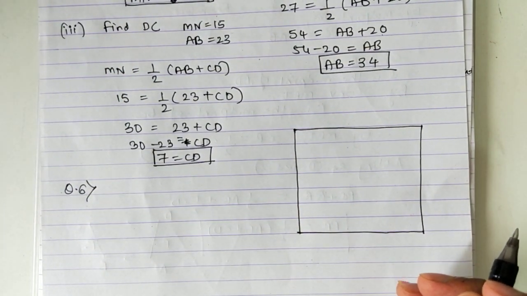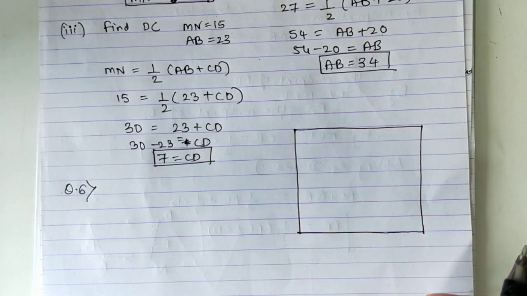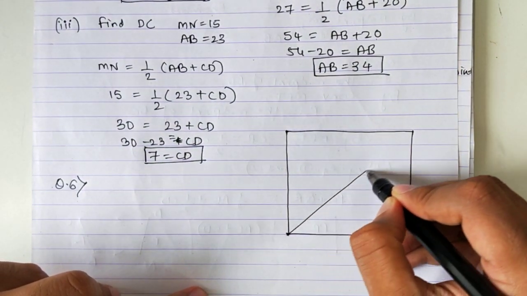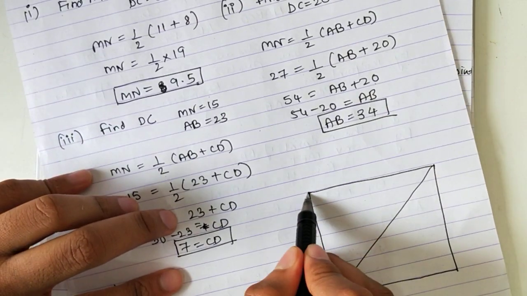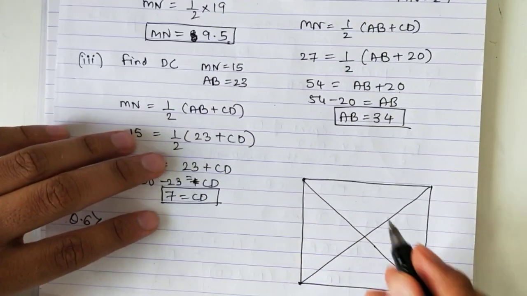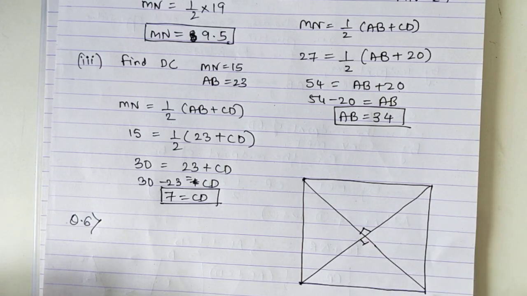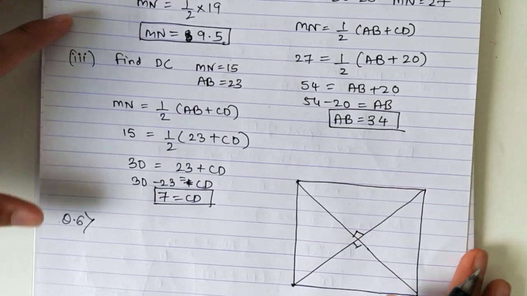Okay? That does not mean it's a rectangle or a parallelogram or a square. It means any four-sided figure. So they are saying that the diagonals of the quadrilateral intersect at 90 degrees. So this angle is 90 degrees.